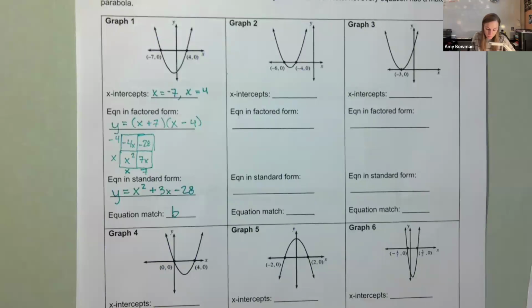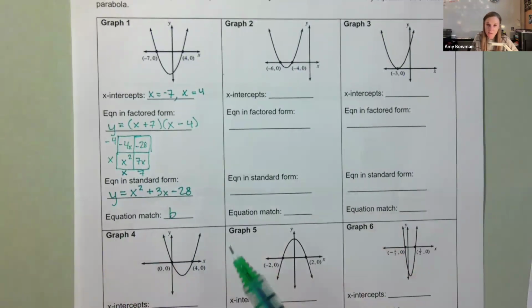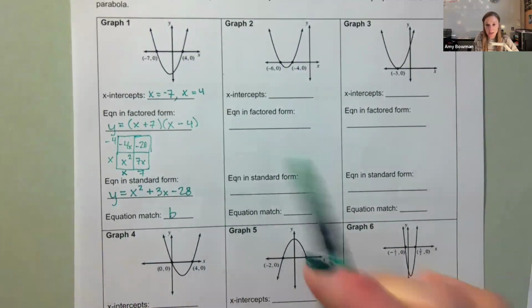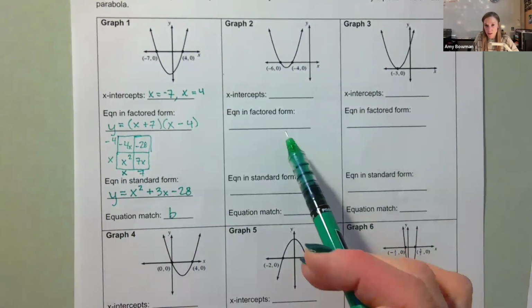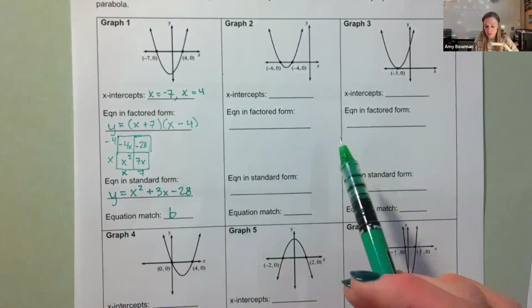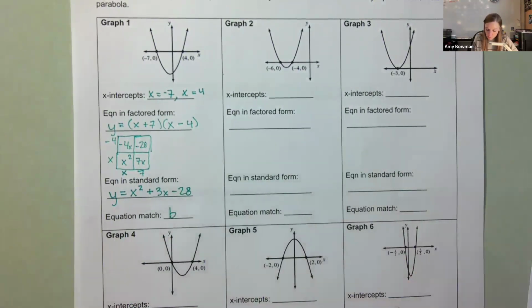What I would encourage you to do at this point is see how many of these graphs you can find the equations for on your own. Even pause the video and try to work ahead and see what you can do. If you get stuck on any, you can find where I am in the video going over it. I'll go over all of them, but if you feel like you've got this, then pause the video, fill it out yourself, and test yourself.